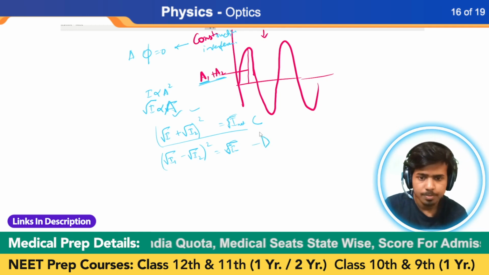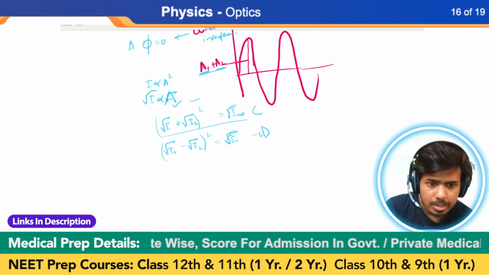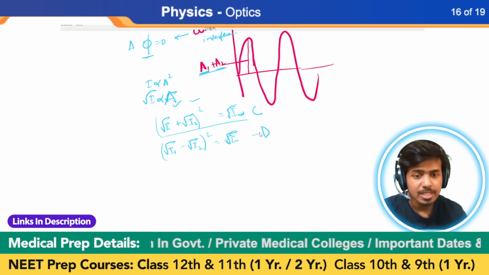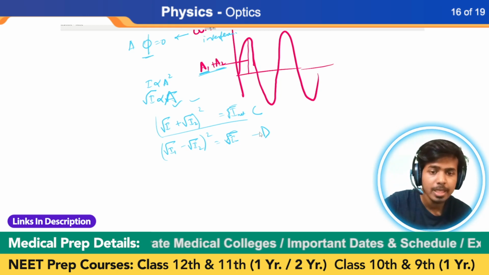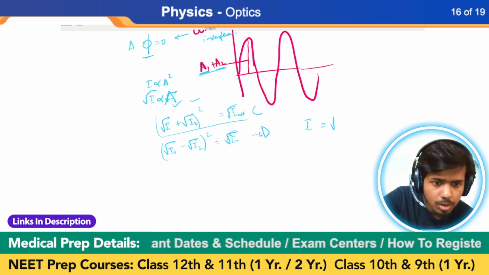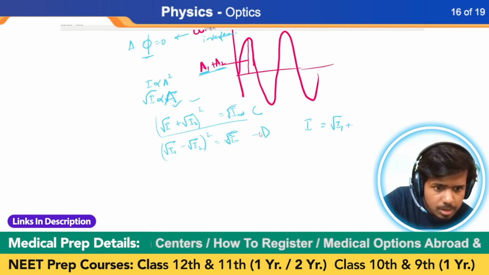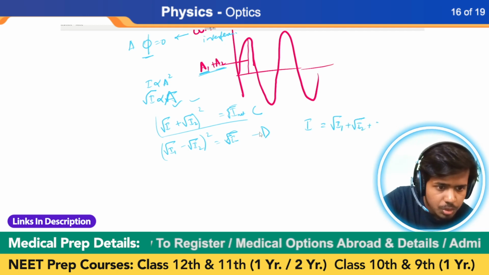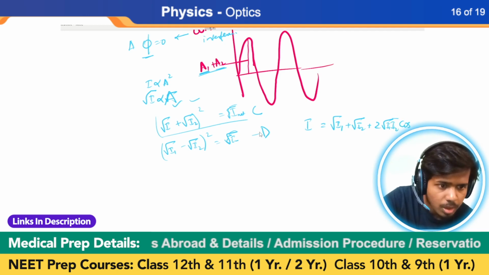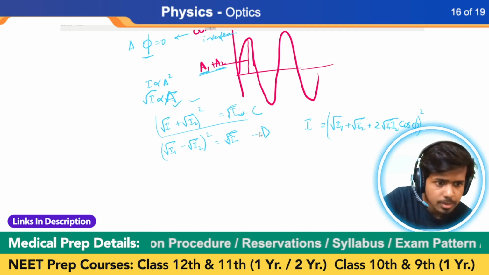But I will give you a formula for a general case in which phi could be anything. The phase difference could be any angle. Then I is equal to root I1 plus root I2 plus 2 root I1 I2 into cos phi, the whole thing squared.